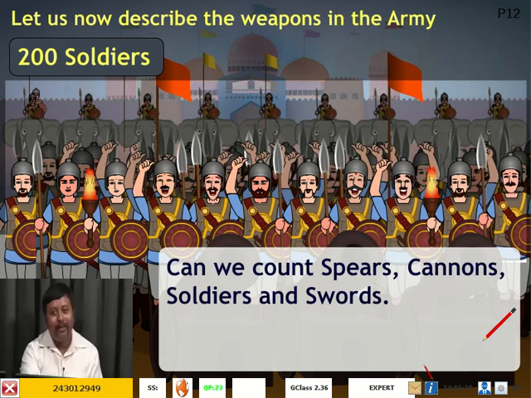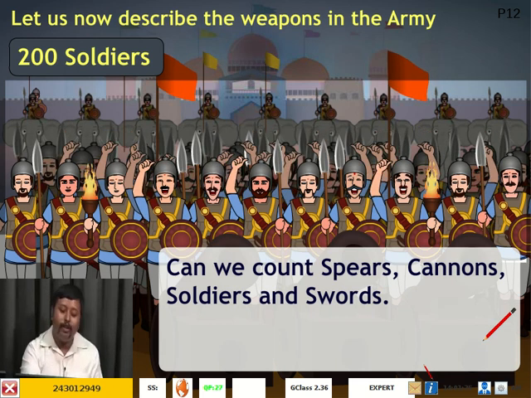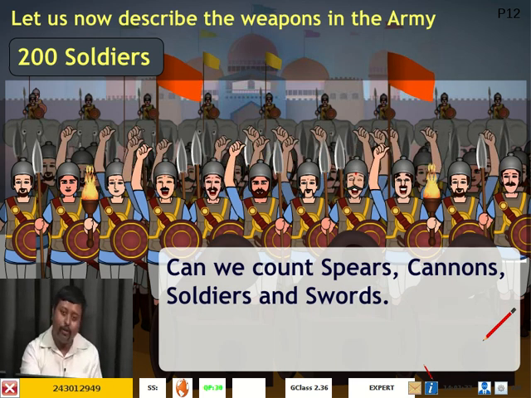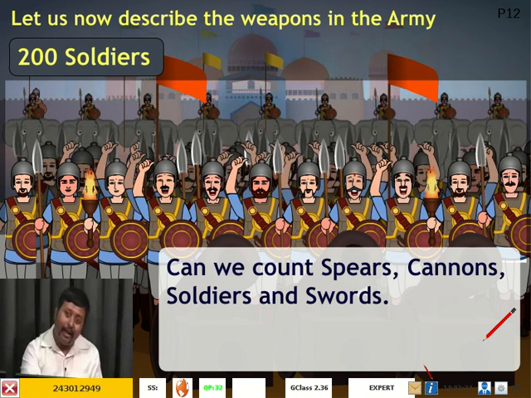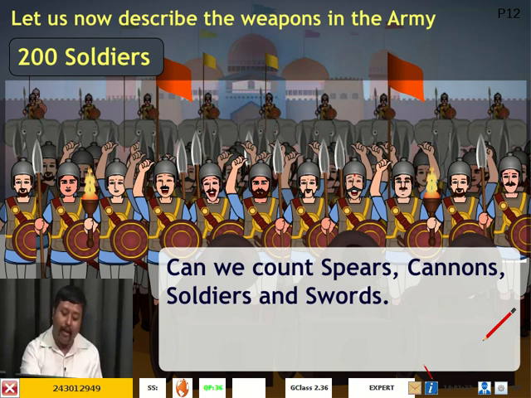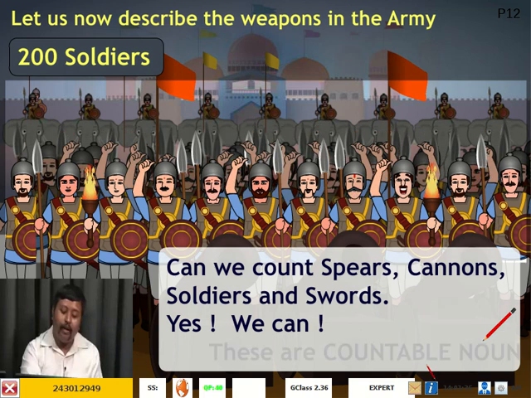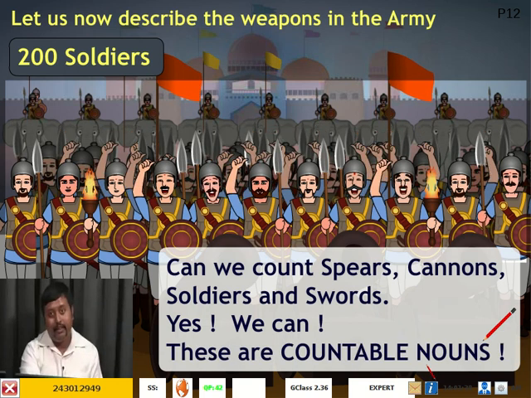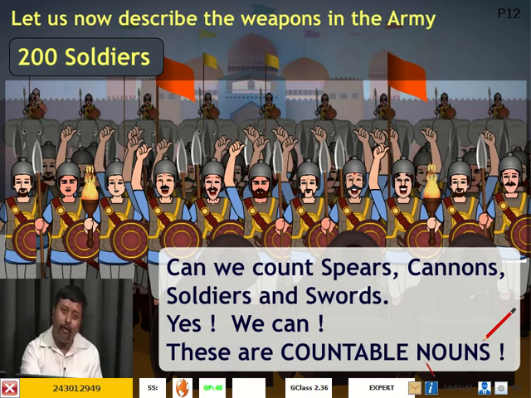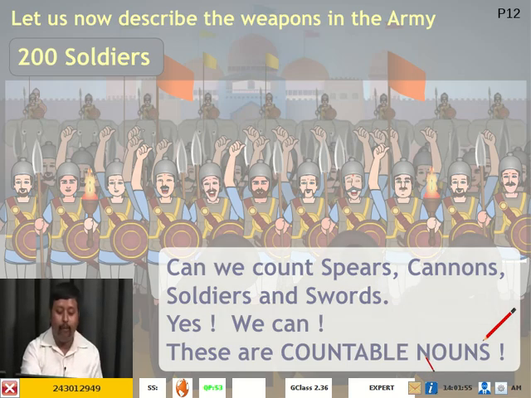So the things that we can count are called what? They are called countable nouns. The things that we can count are called countable nouns. What do we say? Very good. These are called countable nouns.